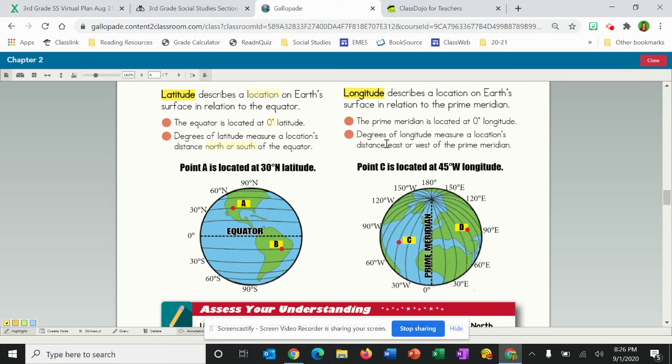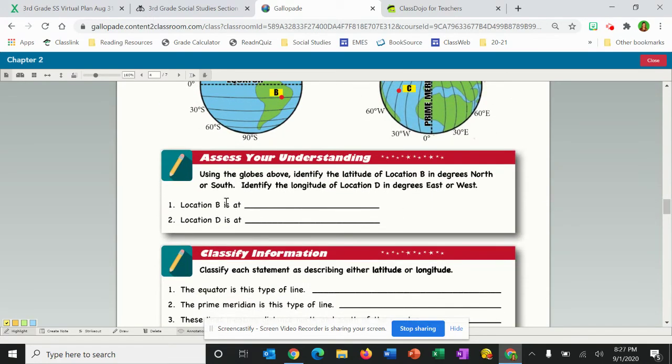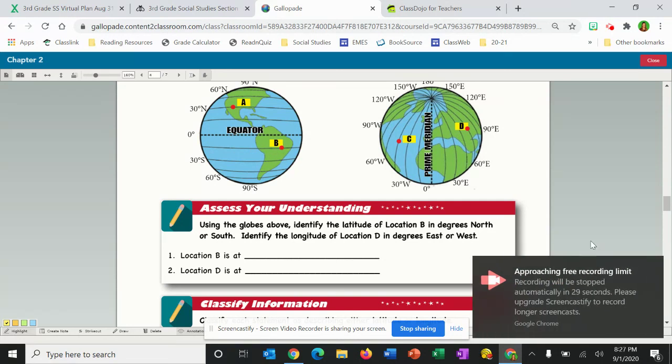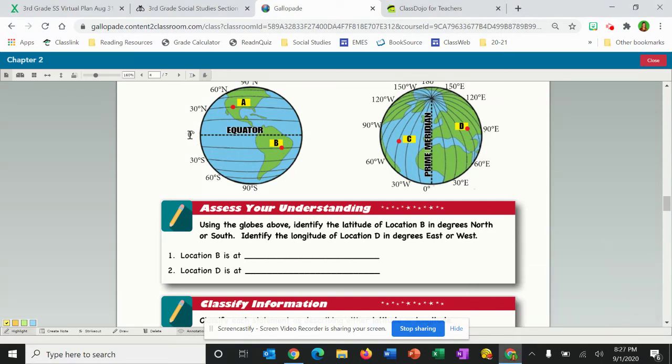Okay. So it says using the globes above, identify the latitude of location B in degrees north or south. Identify the longitude of location D in degrees east or west. So what I want you to do is locate B, and then you're going to figure out if this is 0 degrees and this is 30 degrees south, what is the location in degrees halfway, hint, halfway between 30 degrees and 0 degrees.